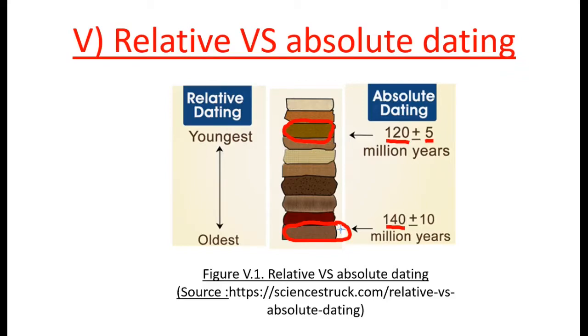So with both methods, you get the same results, that the ones towards the bottom are older and the ones towards the top are younger. However, the second technique, absolute dating, is more precise, more specific, because you've got an indication of ages, precise ages.